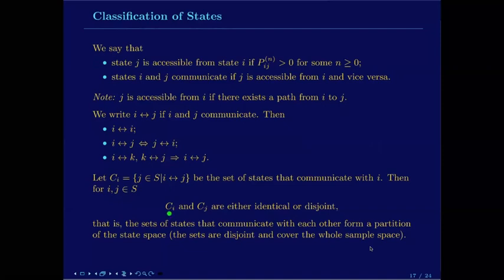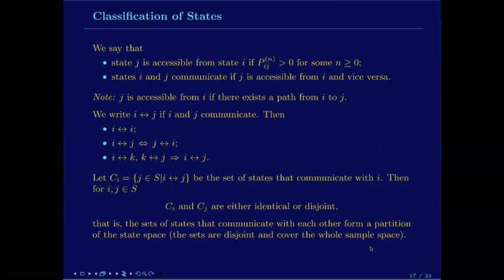If the two sets had a non-empty intersection, then we have an element k in that intersection that communicates with i and communicates with j.